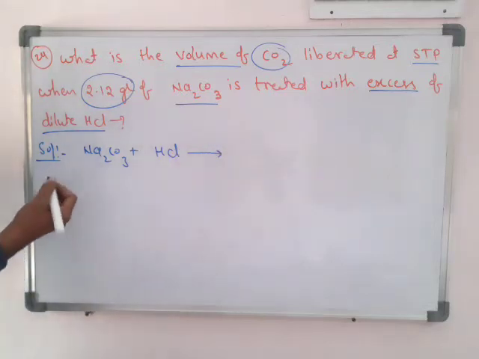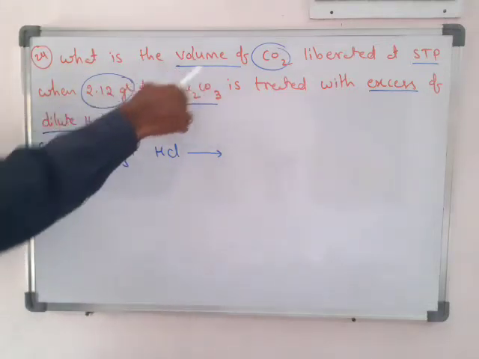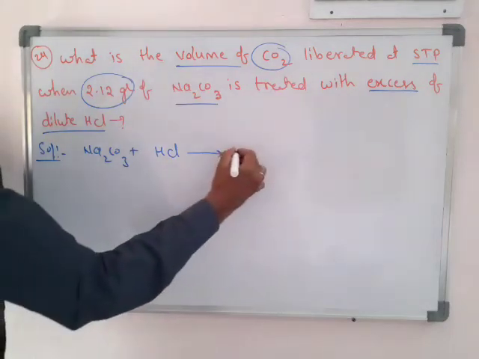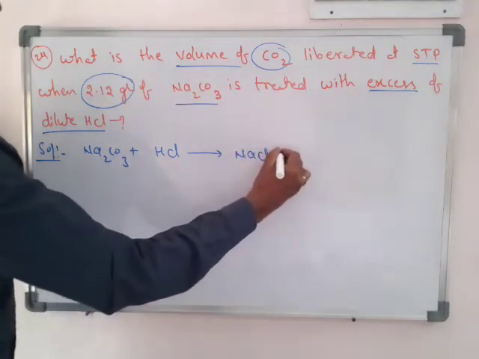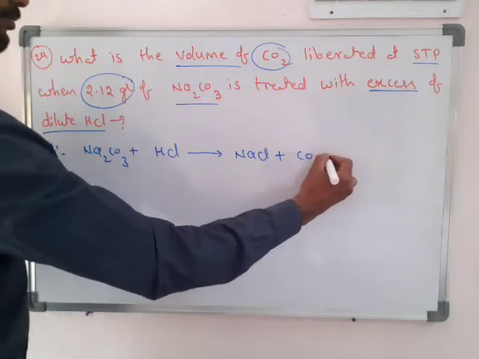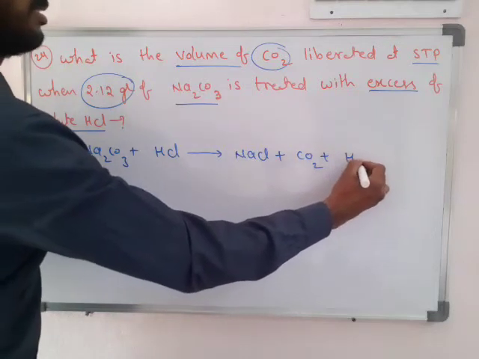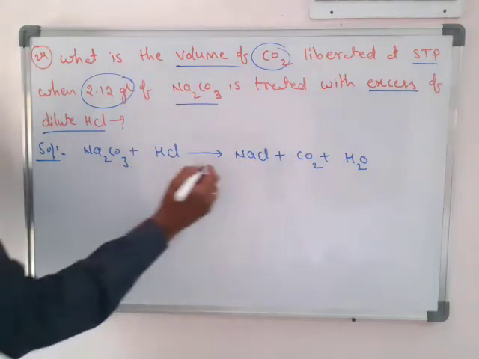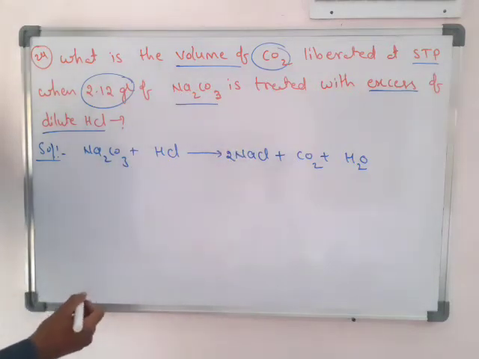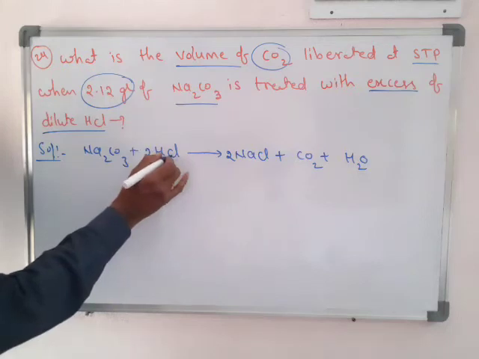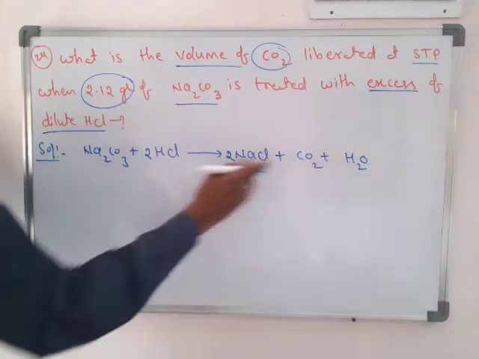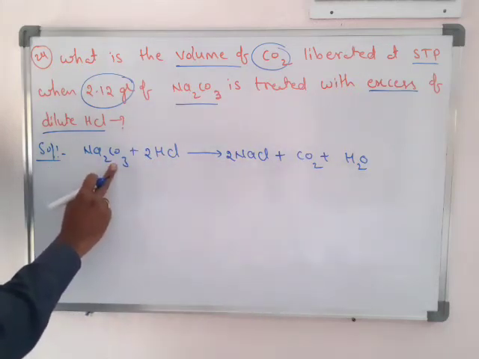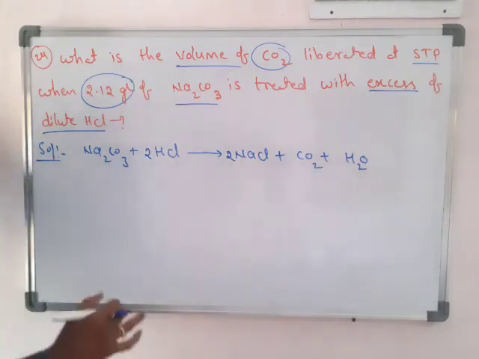The main reaction compulsorily releases carbon dioxide and forms a salt, and as hydrogen is present, it also releases H2O. So balance the equation: two sodiums, two chlorines, two hydrogens, three oxygens, everything is balanced.